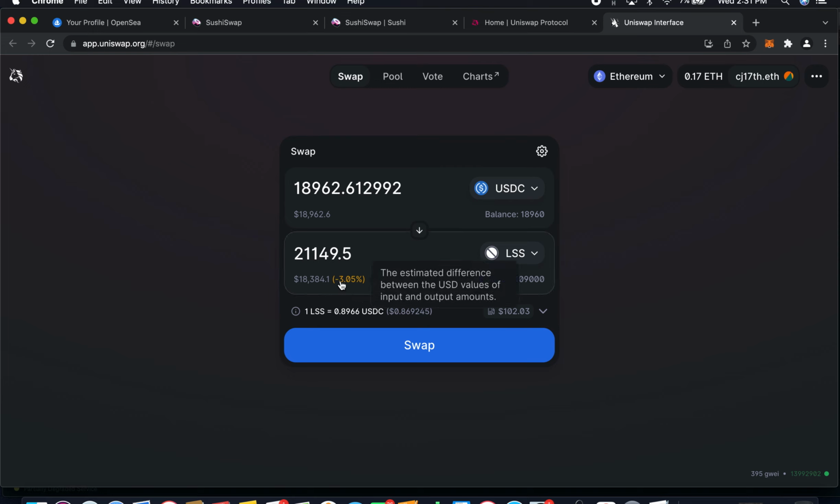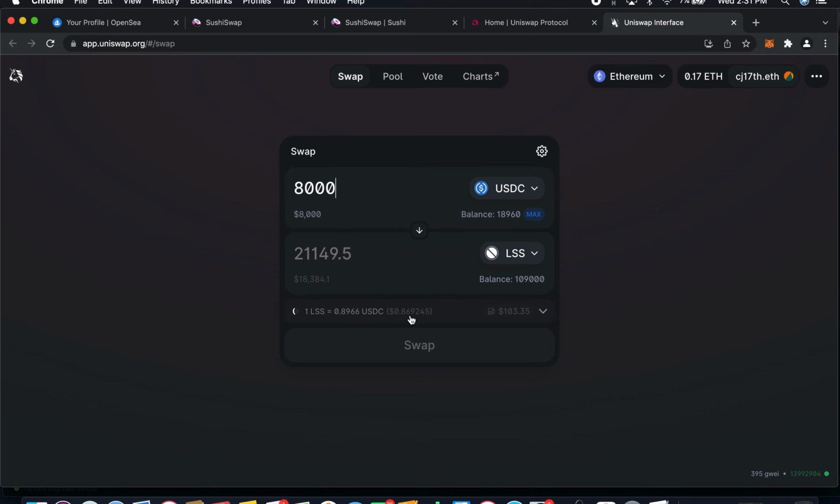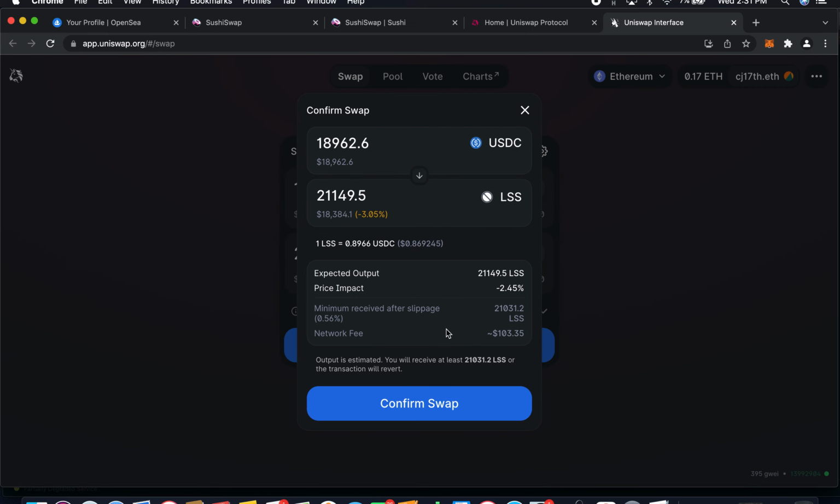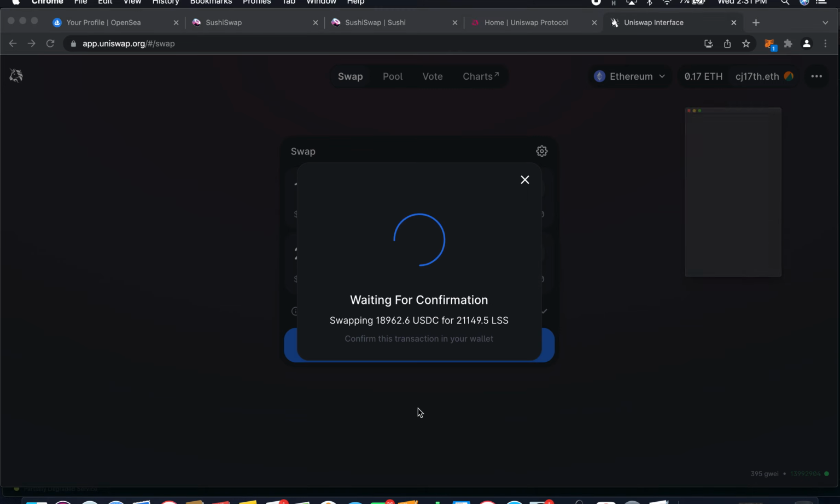So this is telling me that I'm going to lose 3% by swapping this amount. If I go down to a smaller amount, this percentage will go down as well. So let's say I only wanted to do 8,000. It goes down to me losing 1%, but I'm not really tripping off of it. So boom, confirm my swap.